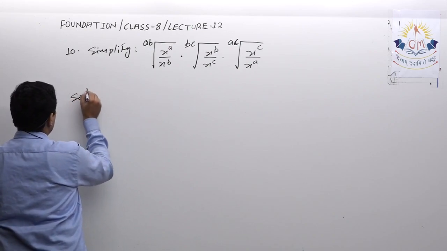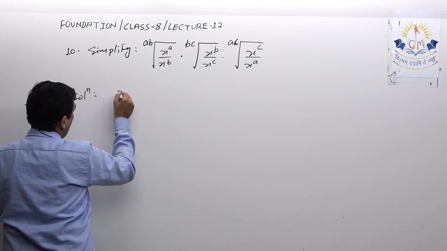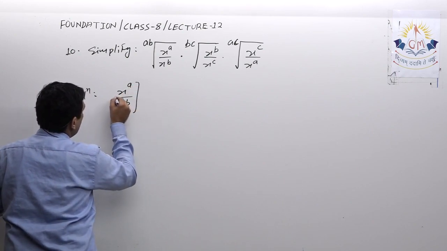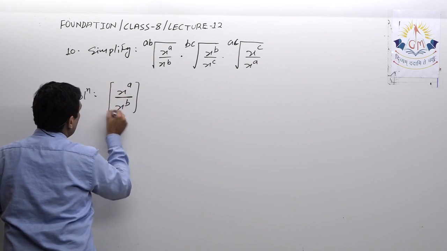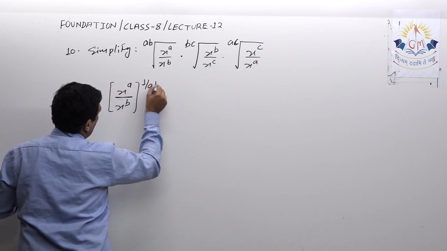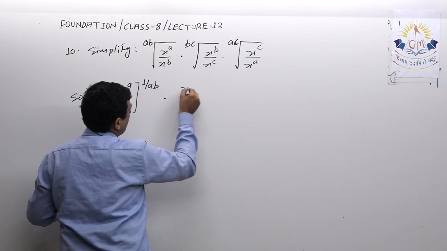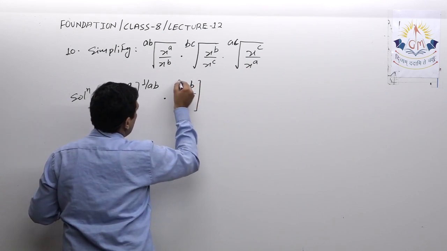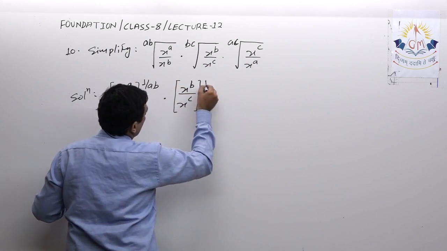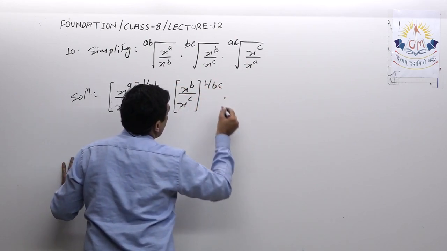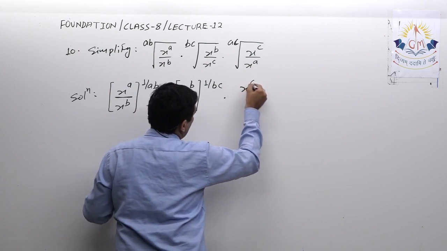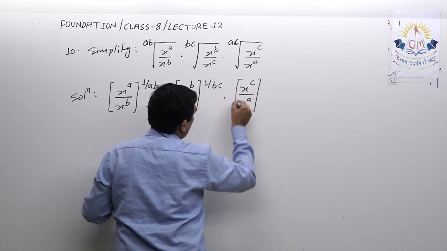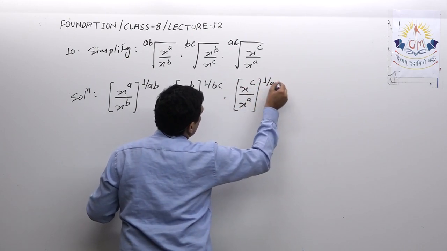So this will become x raised to A upon x raised to B raised to 1 upon AB into x raised to B upon x raised to C raised to 1 upon BC into x raised to C upon x raised to A raised to 1 upon AC.